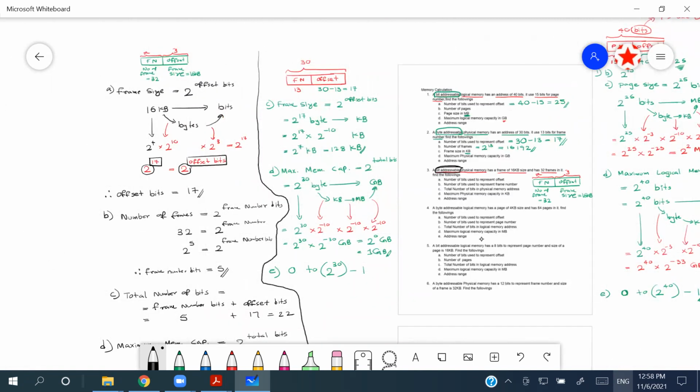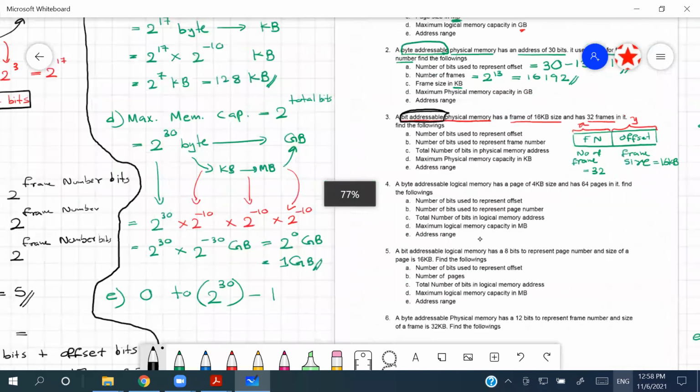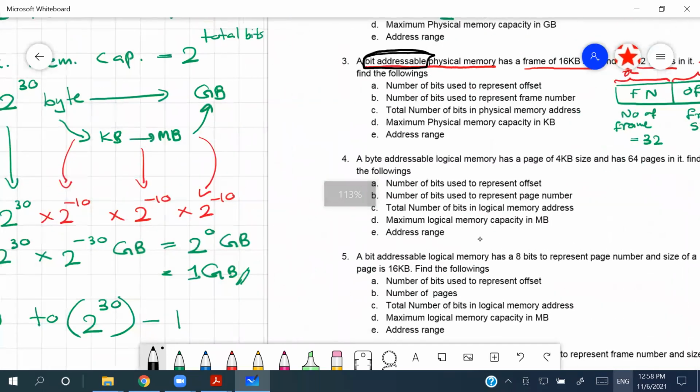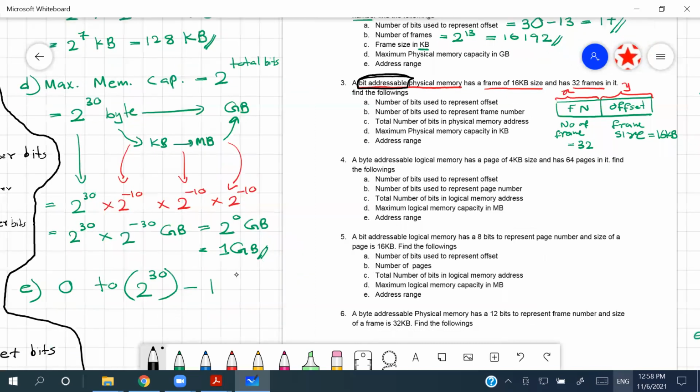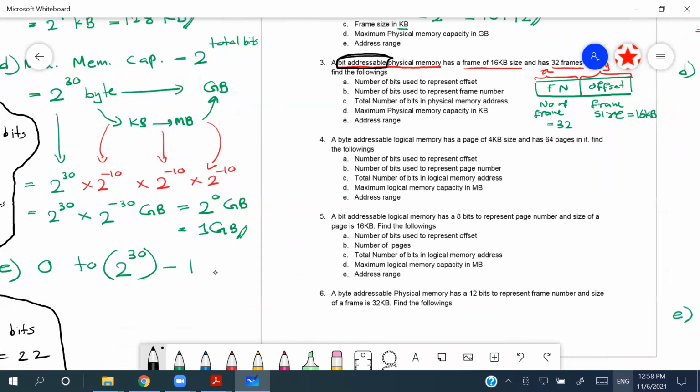Right, so in the fourth one, this says a byte addressable logical memory. Lalindi, I will come to your thing. A byte addressable logical memory has pages of 4 kilobyte size and has 64 pages. So it is very similar to the previous one, right?